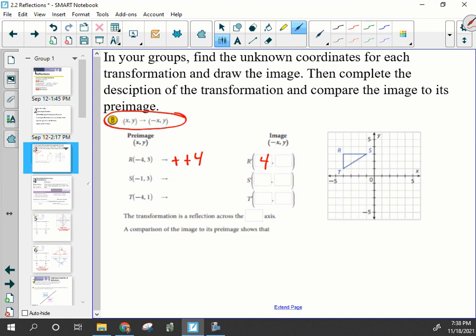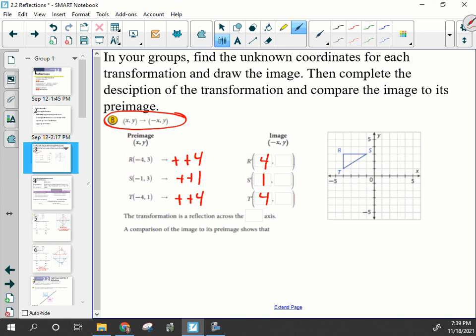For S, the opposite of negative 1 is the negative of negative 1. Remember, two negatives make a positive. It means S prime will have an x coordinate of 1. T, which has an x coordinate of negative 4, the opposite of negative 4 is the negative of negative 4. Again, two negatives make a positive, so that'll make it a positive 4.